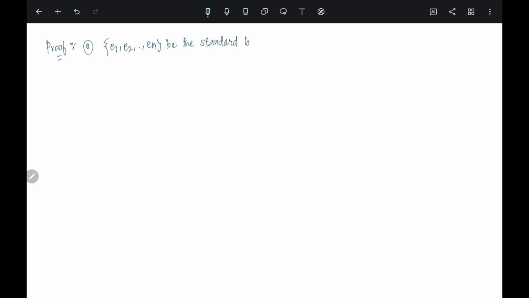Let's start with an element x, so we can write it as the summation of xi ei, i equals 1 to n. We also choose this x in such a way that norm x is less than or equal to 1. This norm is in Rn.